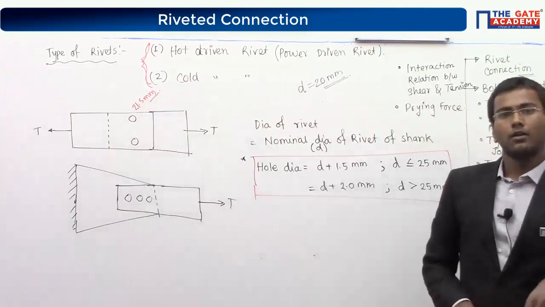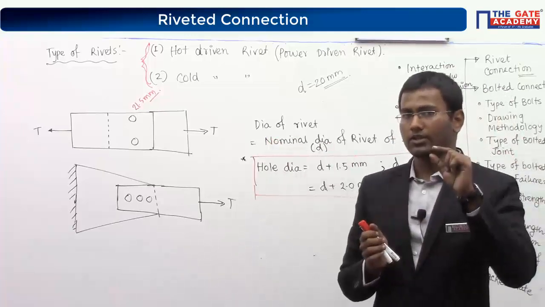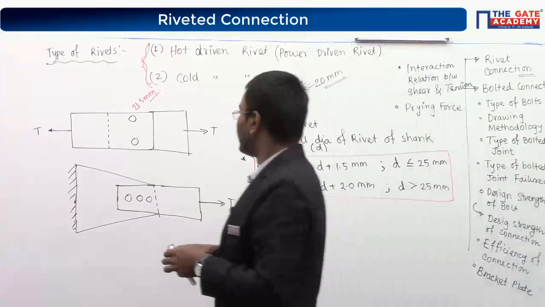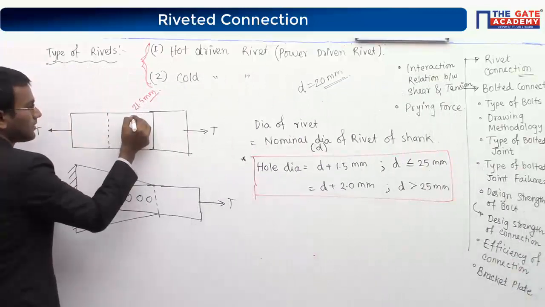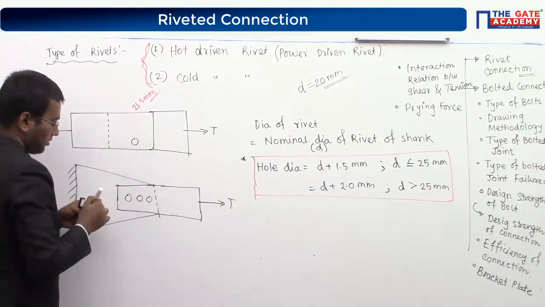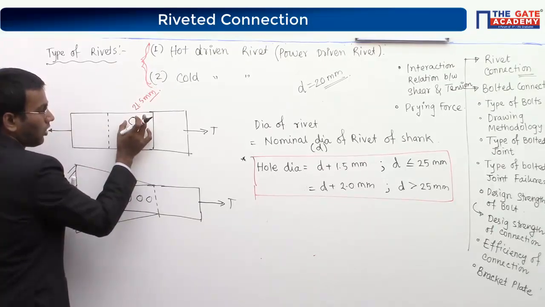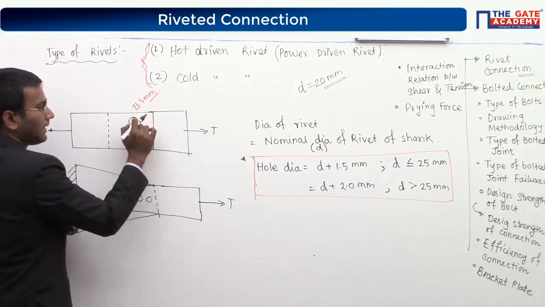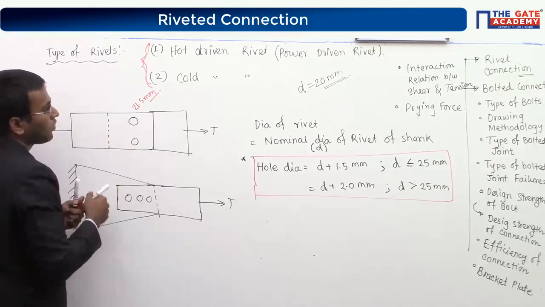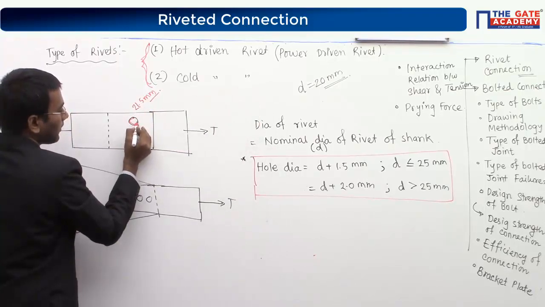Fine. Now, sir, 1.5 mm, just think logically. This is a circle portion, this is the hole I have made in the plate, and I want to put a diameter of 20 mm here.